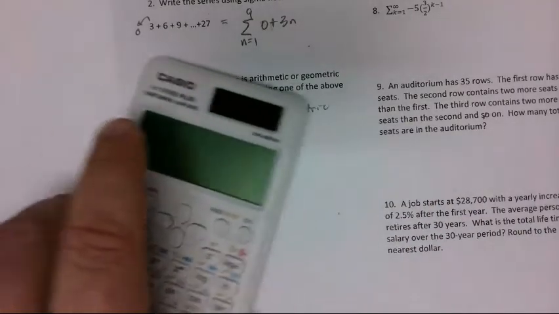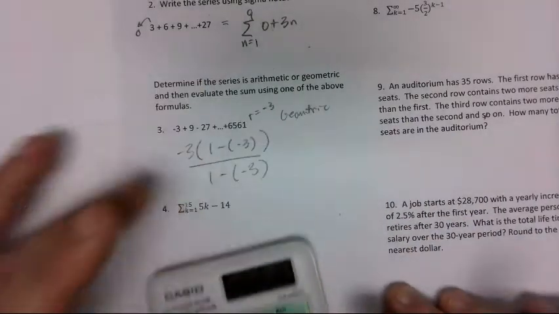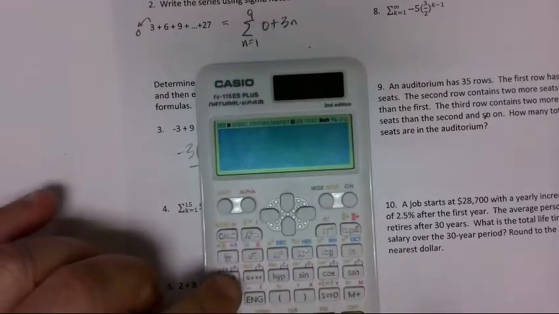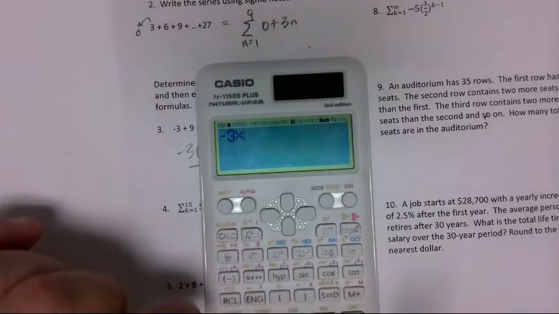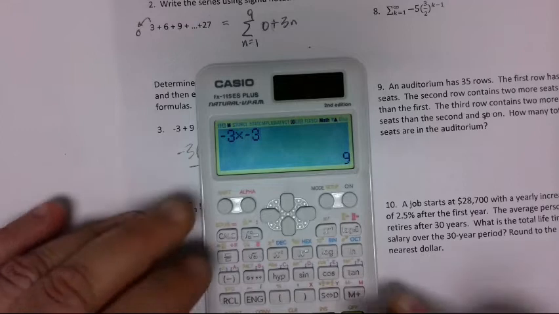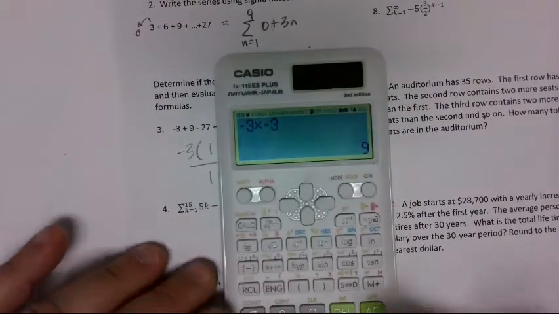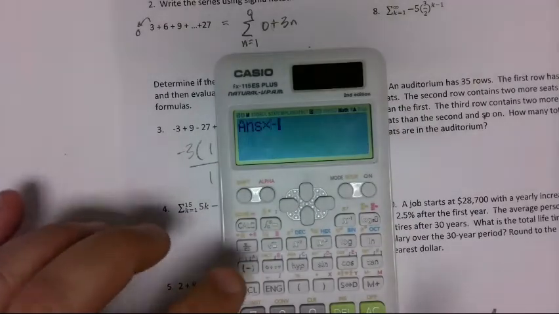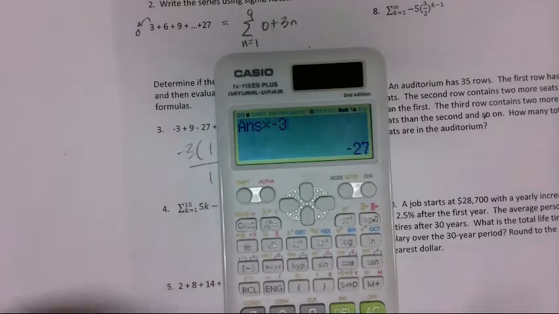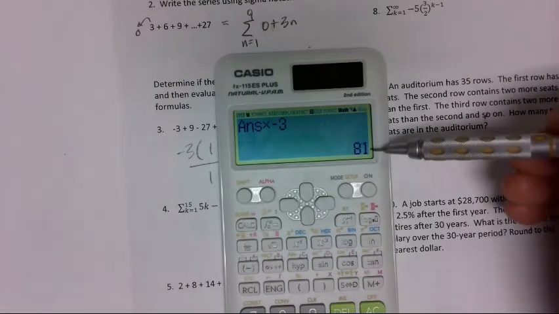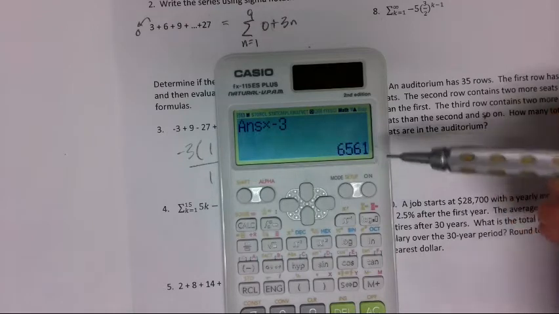So to figure out n, I'm just going to go, okay, I started with negative 3, right? Negative 3 times negative 3 gave me 9. That was the second term. Okay, times a negative 3. That's the third term. This would be the fourth term, fifth term, sixth term, seventh term, eighth term. There it is, eighth term.